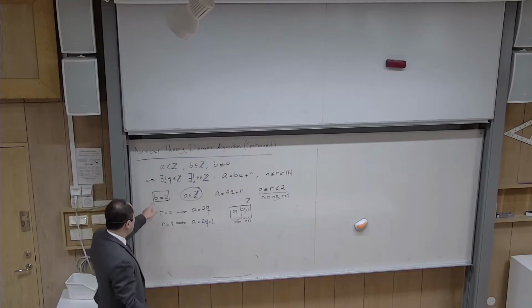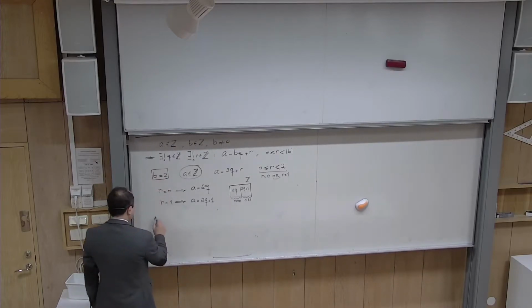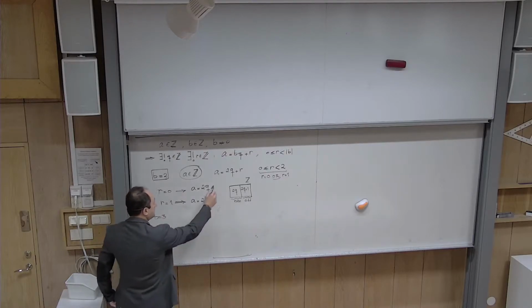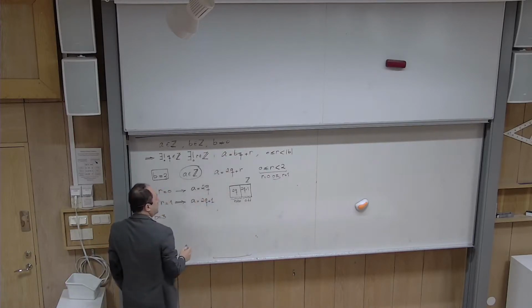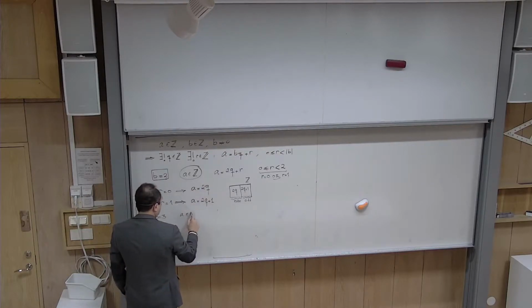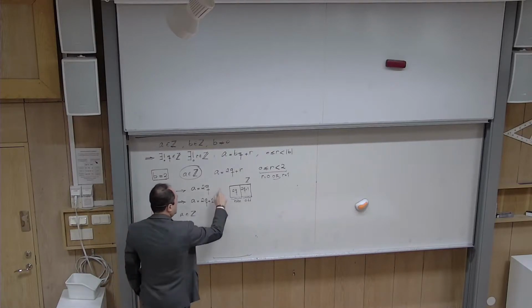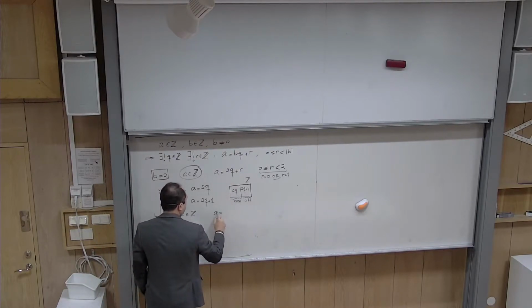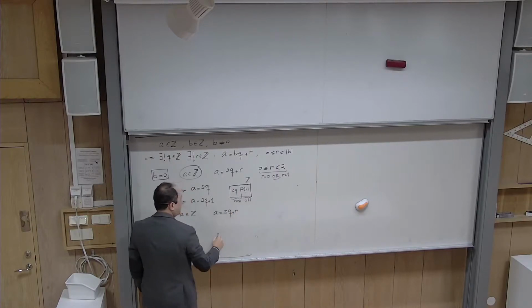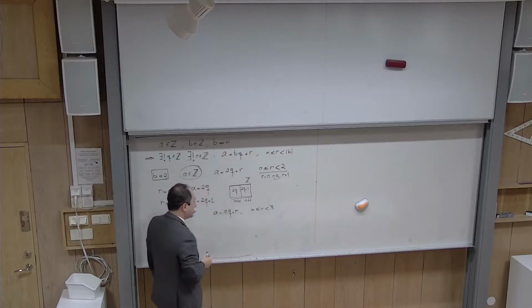But now let me go further. So this was very trivial. Now let me choose b to be 3, yes? If I choose b to be 3, what happens? If I rewrite this theorem once more for b equals 3, and I choose a randomly from Z, whatever I like, then according to this theorem, a can be written as 3 times q plus r, but r should be somewhere between 0 and 3 this time.